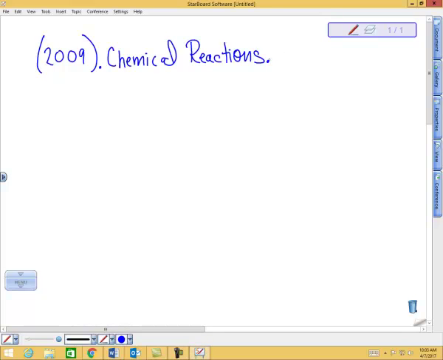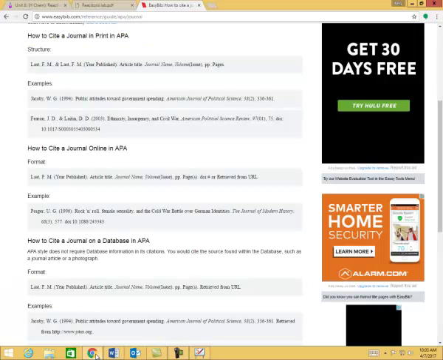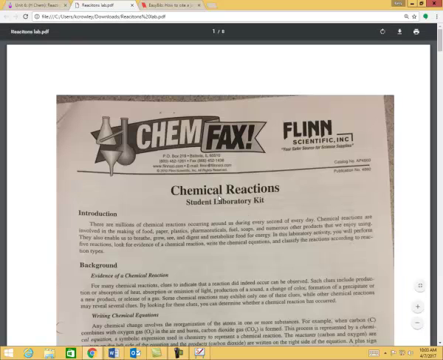And then from there, the next step would be to do the journal name, and I think it's called ChemFacts something, we'll look at that, italicized with a comma and the volume and issue. All right, so this would be ChemFacts from Flynn Scientific Inc. And then over here, do you see the publication number? 4860.